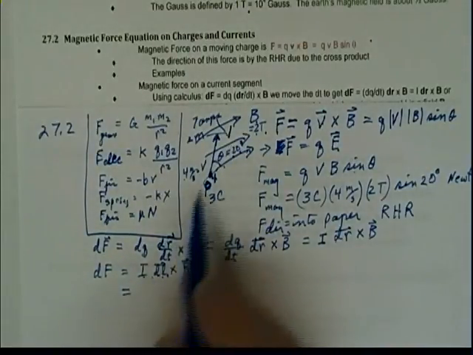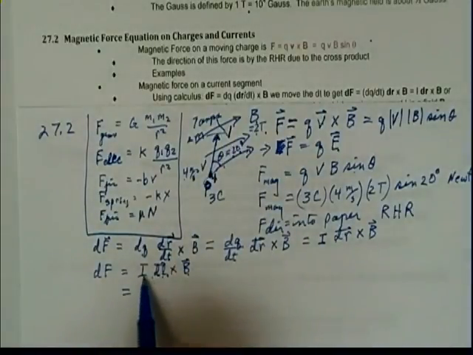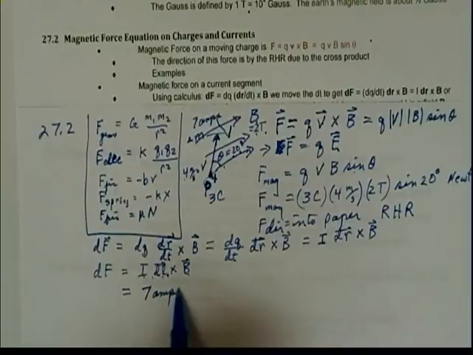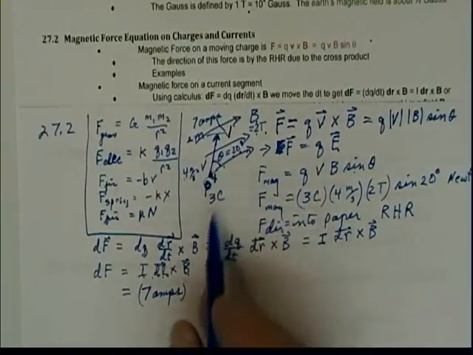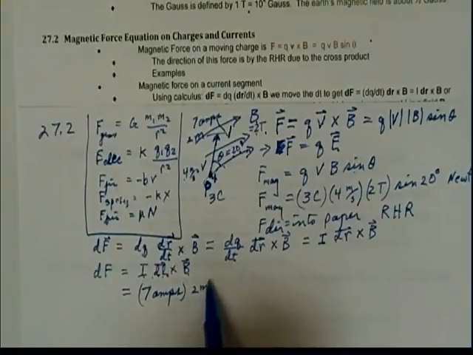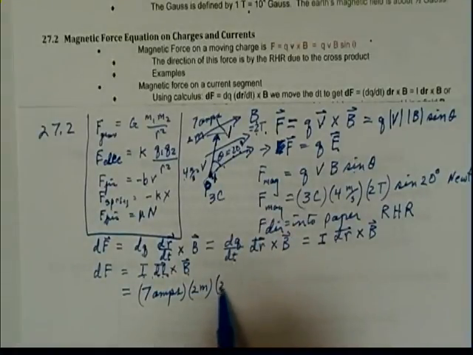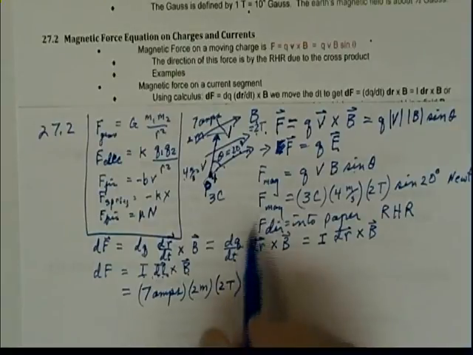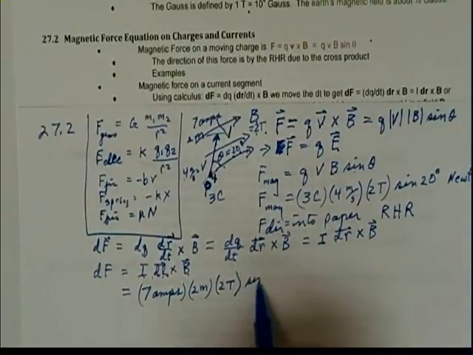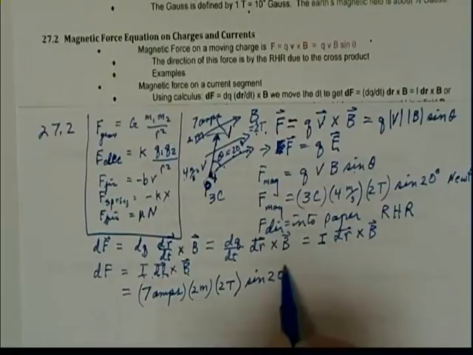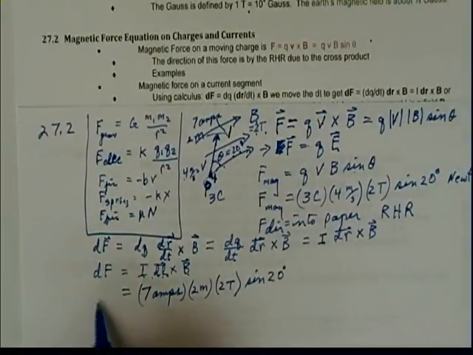Again, you have to be able to solve that very simply as a current of 7 amps times the infinitesimal length, which is 2 meters, times the magnetic field, which is 2 teslas, times the sine of the angle between them, which again is 20 degrees. And I'll let you work that out, and that would give you the force.